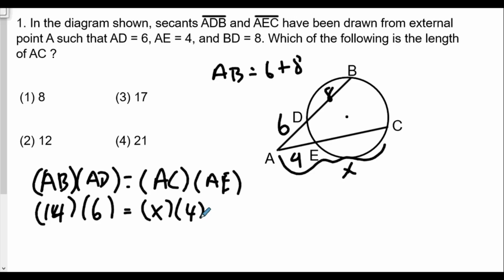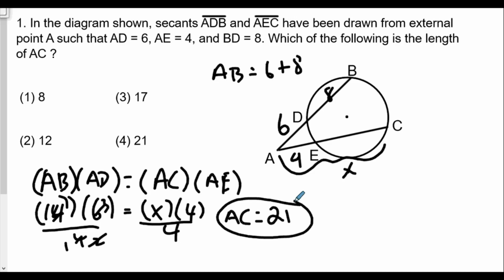So we are going to divide both sides by 4. This divides out here 2 and 3, and this divides out 7 and 1. So AC is equal to 21. That's the measure of AC.